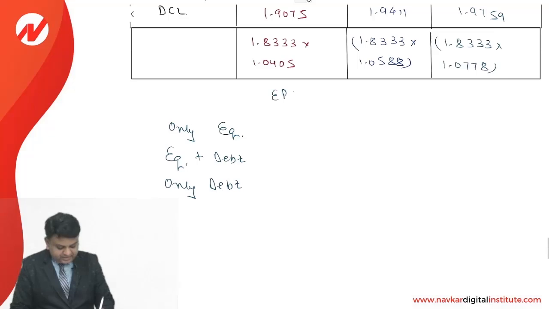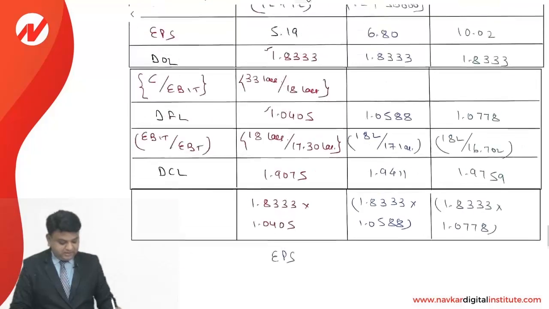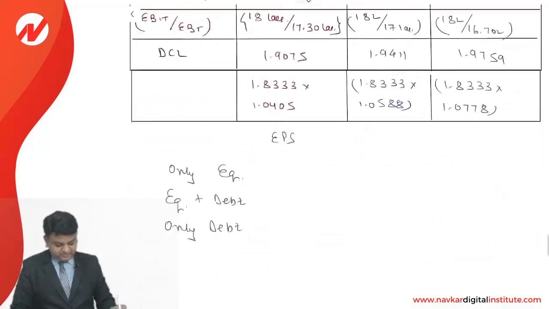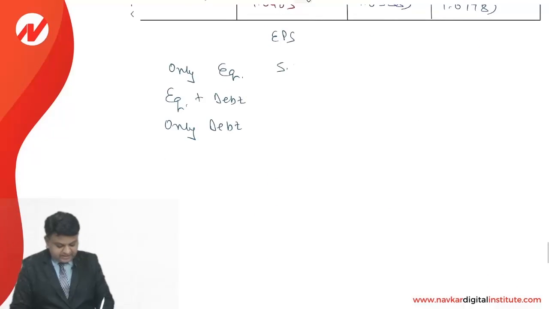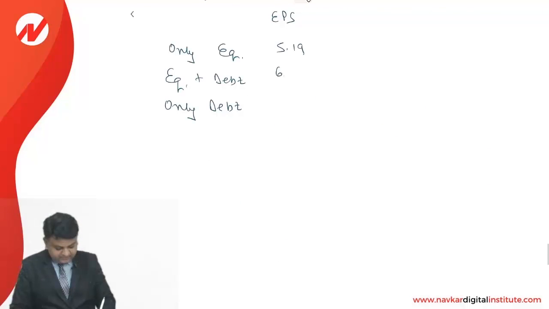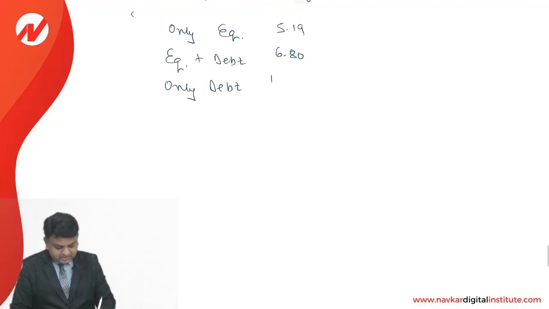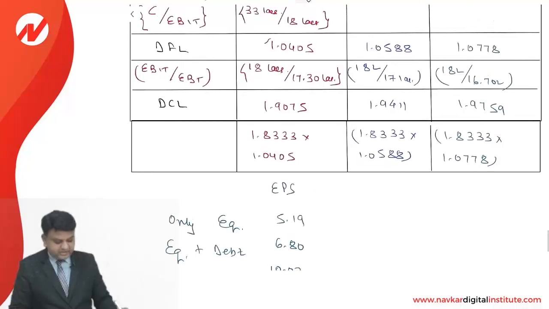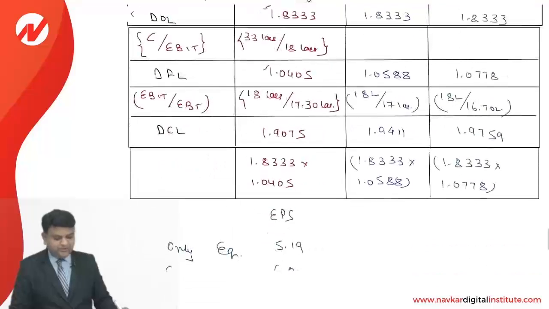If we make a comparison of earning per share, then the first rank is going to the only debt financing. Why? Because it is having the highest earning per share. So it is 5 rupee 19 paise, next it is 6 rupee 80 paise, then it is 10 rupee 2 paise. That is the way the earning per share can be calculated for each of the plans.